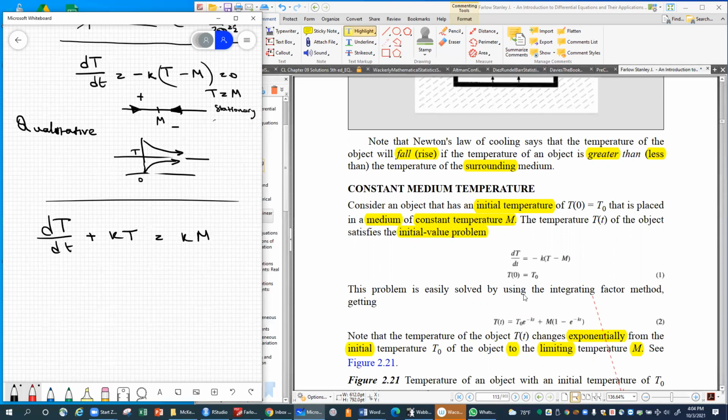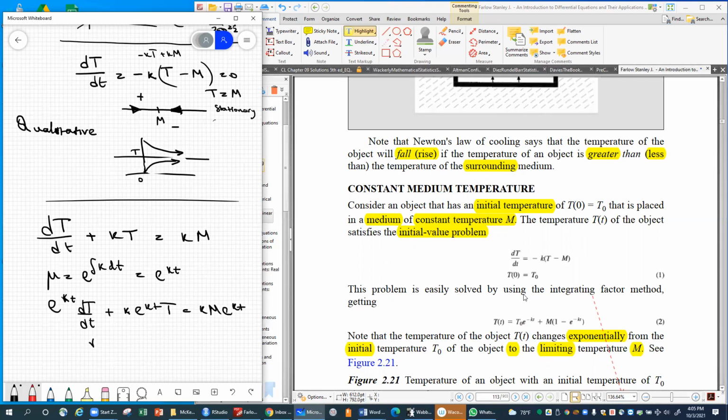If you expand this, it's minus kT plus kM, but if I bring kT on the left, it comes with plus. So the multiplying factor, just the integral of constant k, is e^(kt). So you have e^(kt) times the derivative plus k e^(kt) T, and you have kM e^(kt).